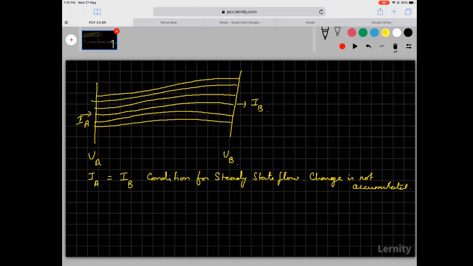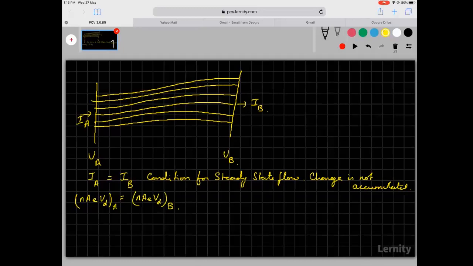Then I is equal to nAevd. So nAevd at A is equal to nAevd at B. Why? Because I is equal to nAevd.